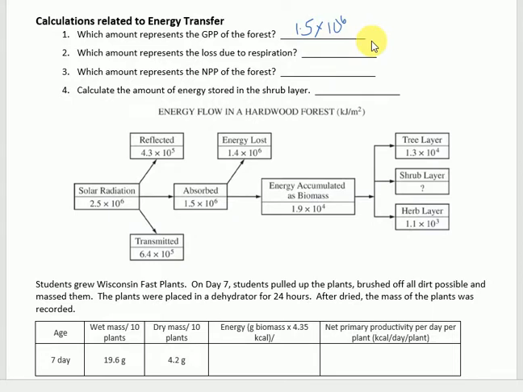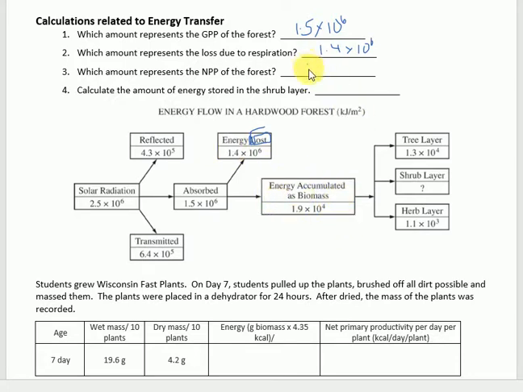Next, it says which amount represents the loss due to respiration. Well, keyword right here says lost, so we're going to go with that: 1.4 times 10 to the 6th. Which amount represents the net? So you've got your total pay, your taxes, and this is what you are left with.